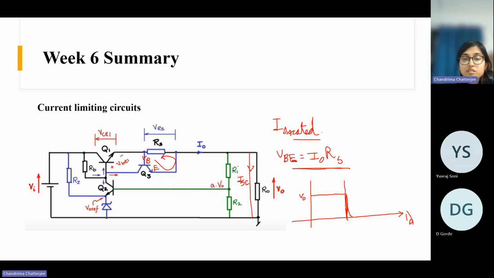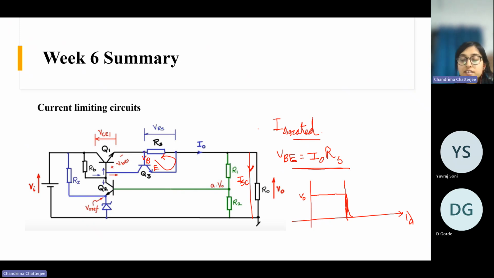Here you need to design the RS in a way so that this current is your rated current and the VBE drop is a constant 0.7, so that when it reaches the rated current, even if you short this resistance, it can restrict the current, or it can make this Q1 go completely into the cutoff region so that it blocks the entire input voltage and there is no voltage that comes here, so the current becomes zero.